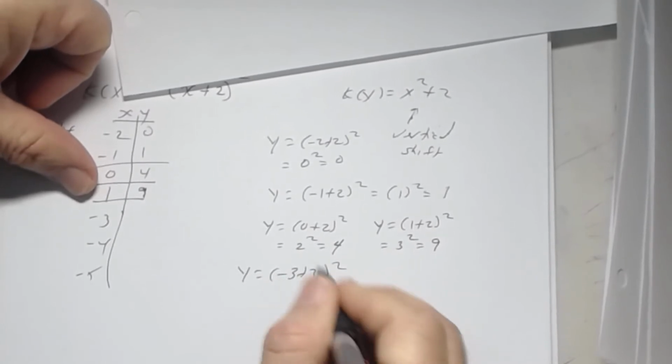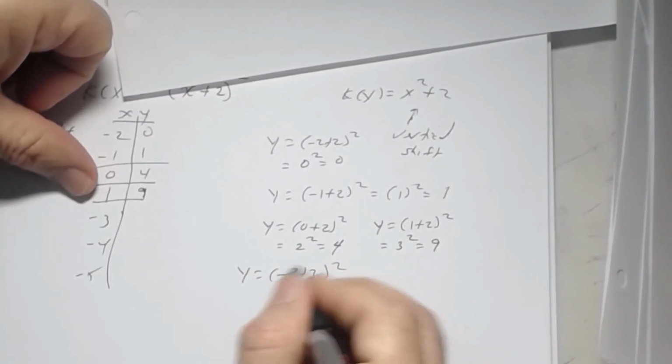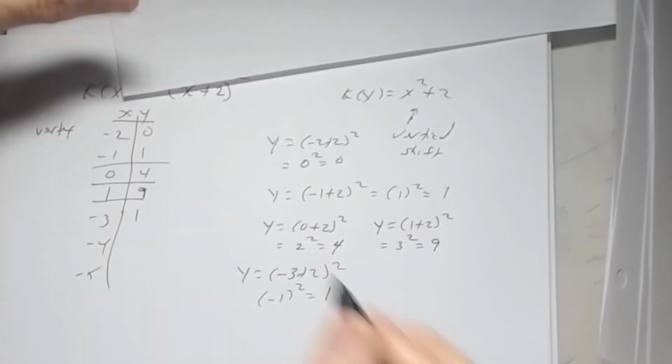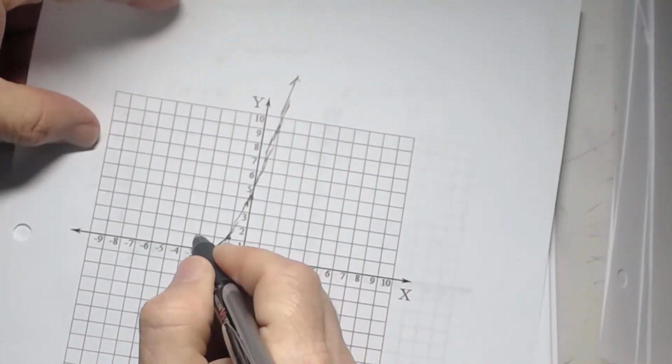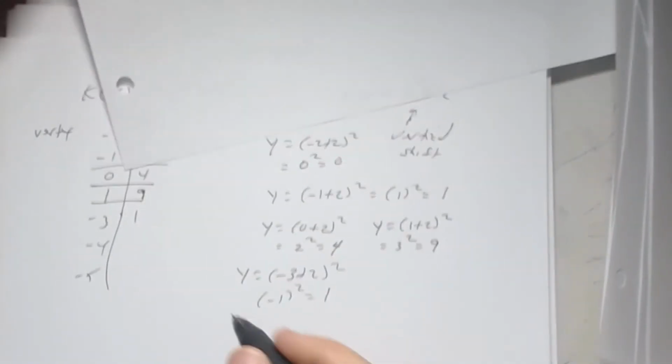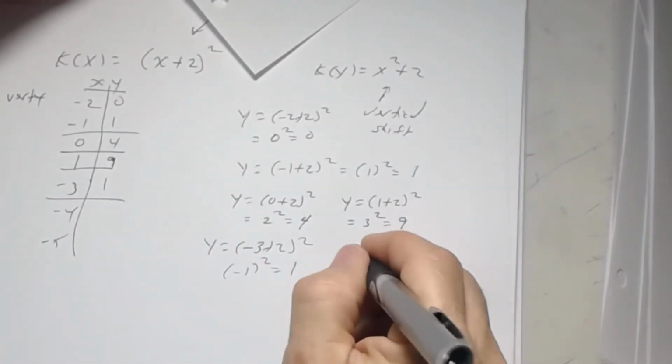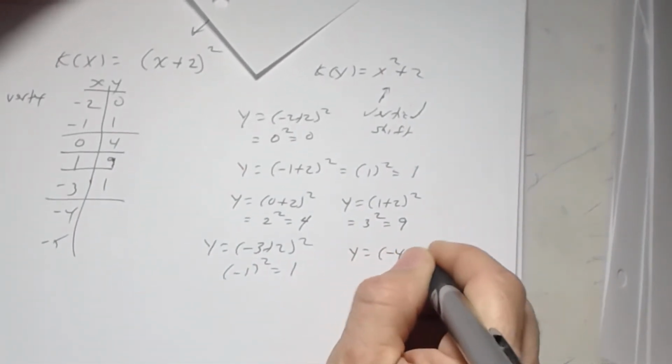What's -3 plus 2? And what's -1 squared? Positive 1. So I plot the point -3, 1. If x is -4, I get y equals -4 plus 2 squared.